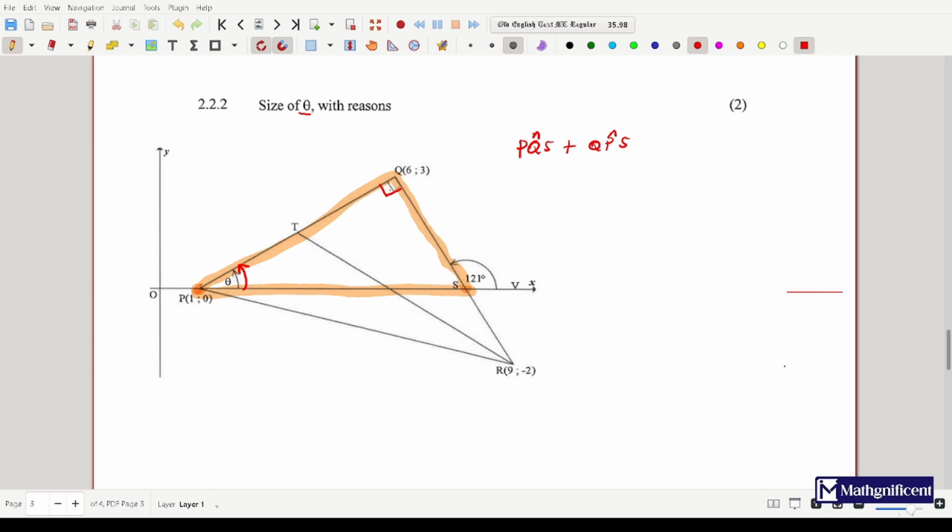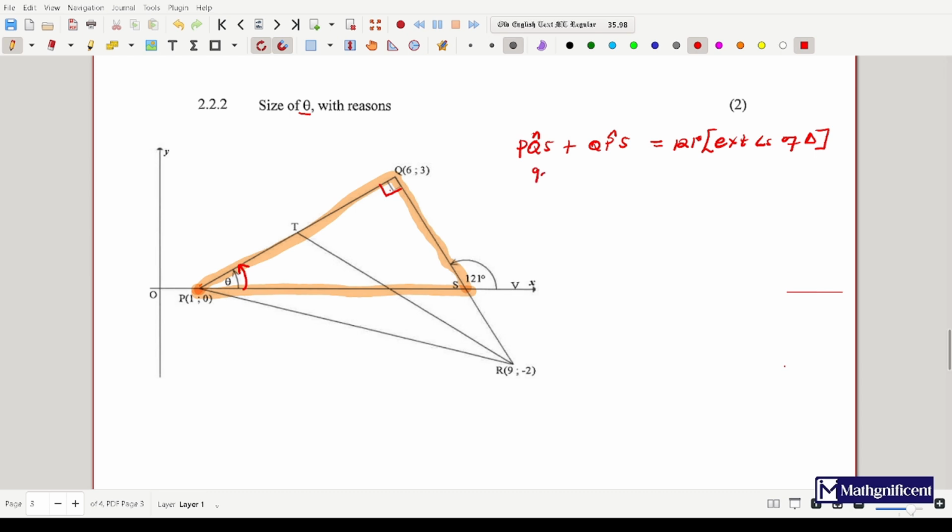So this is the angle theta. This is going to give us 121 degrees. The reason being is that it is the exterior angle of a triangle, right? So let's take a look at this. We have angle PQS.